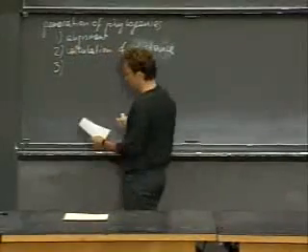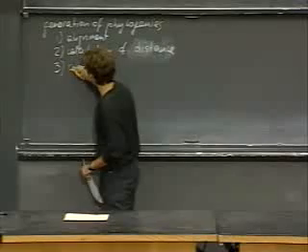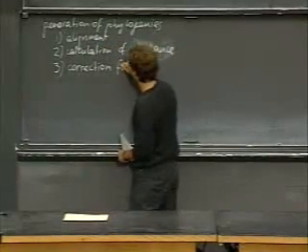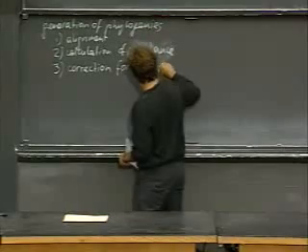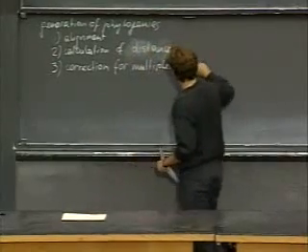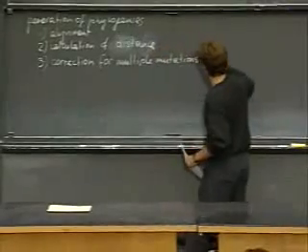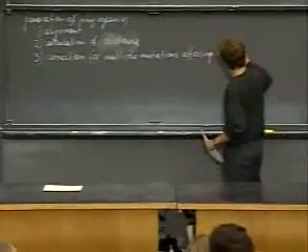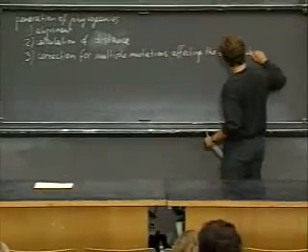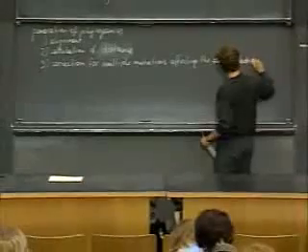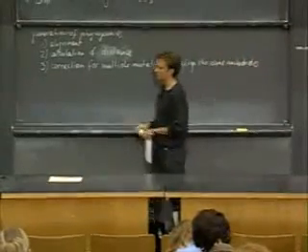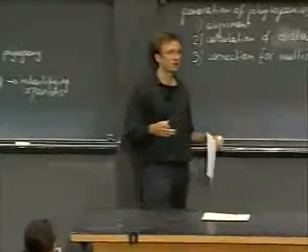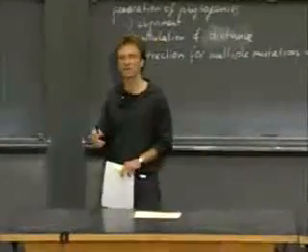The third step is then to calculate a correction for multiple mutations affecting the same nucleotides. Now you can imagine that over time there's a probability that a particular nucleotide mutates, say, twice.